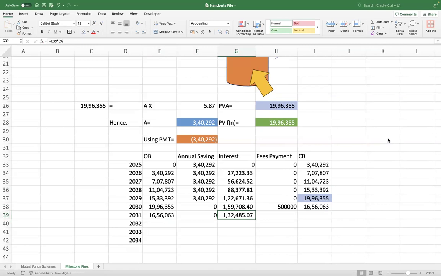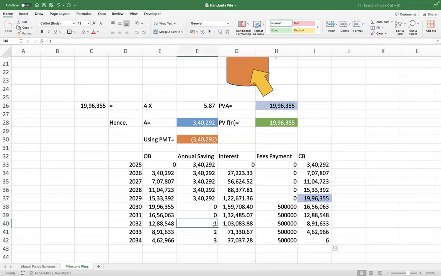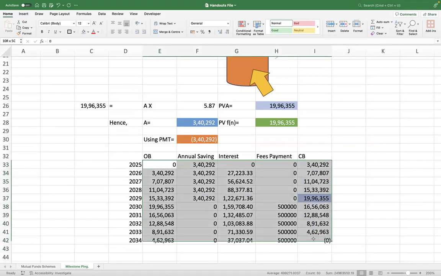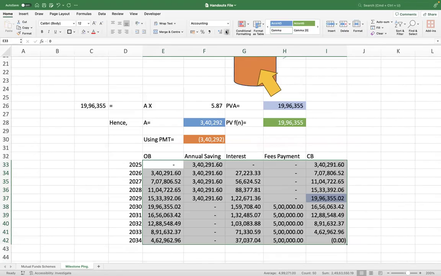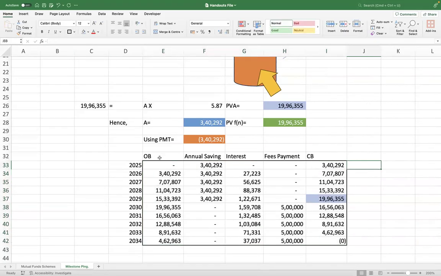Now there is no deposit, but again I will have to make payment of fees, and this way I need to continue till end of 2034. अब देखिए 2034 के एंड में कितना बैलेंस बचता है आपके पास? जीरो बैलेंस बचता है ना, which means your calculation was absolutely correct.